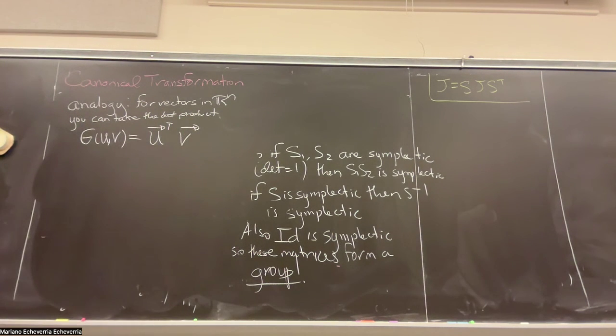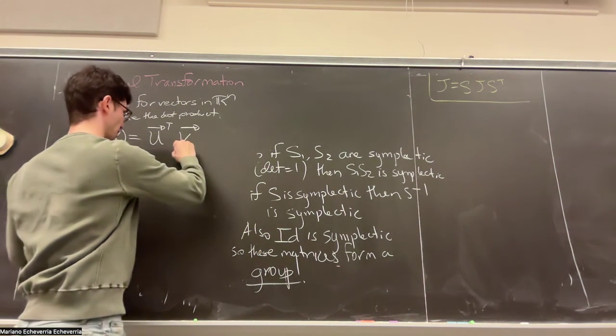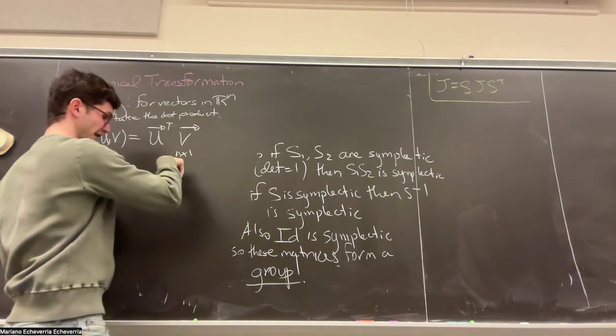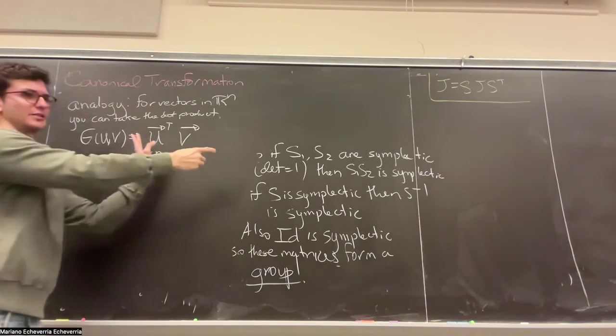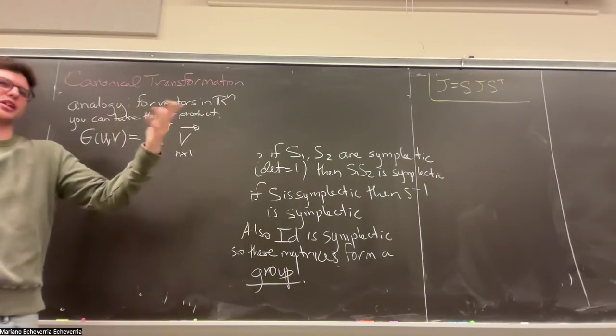This gives you a bilinear form because if you think about them as columns, this would be an n by 1 matrix, and then this becomes a 1 by n matrix. So you get something 1 by 1, which happens to be the dot product.